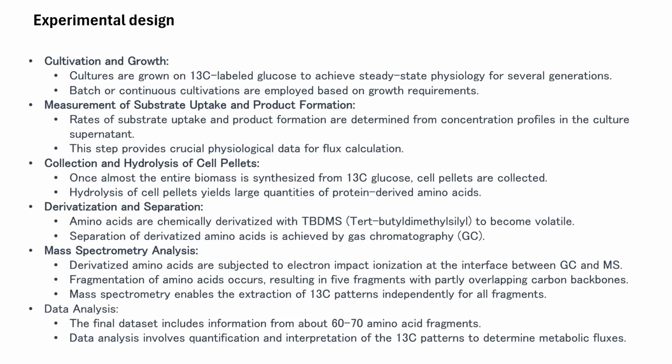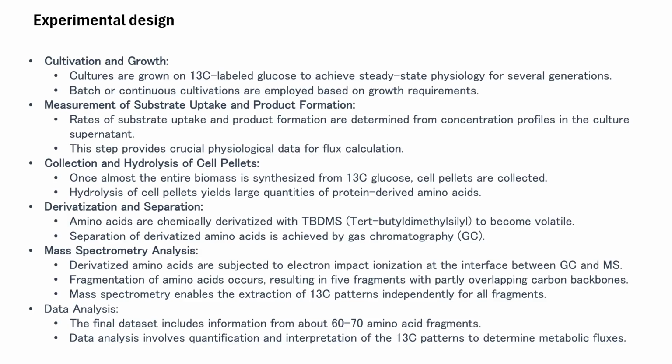After that, you do mass spectrometry analysis where these derivatized amino acids are subjected to electron impact ionization at the interface between the gas chromatography chamber and the MS chamber. Fragmentation of the amino acids occurs here, resulting in approximately 5 fragments with overlapping carbon backbones.